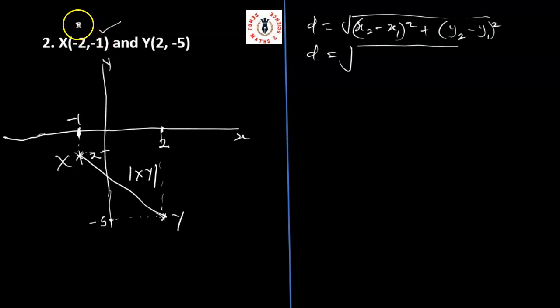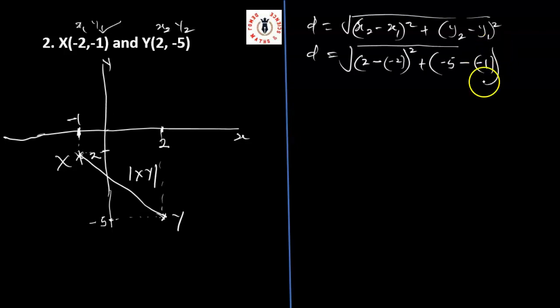Here, this is my x1, y1. Here, this is my x2, y2. So my x2 in this case is 2, minus 2 all squared, plus my y2, which is minus 5, minus my y1, which is minus 1, all squared.